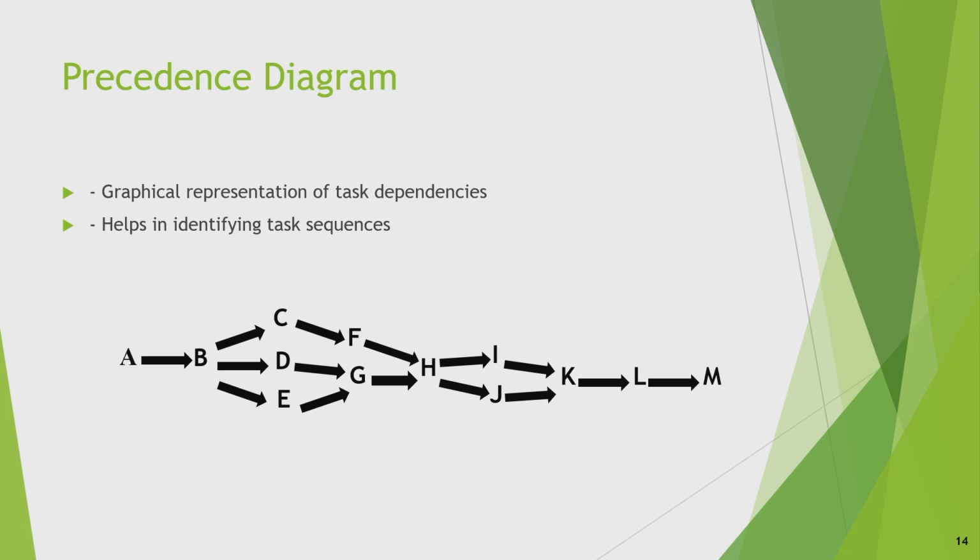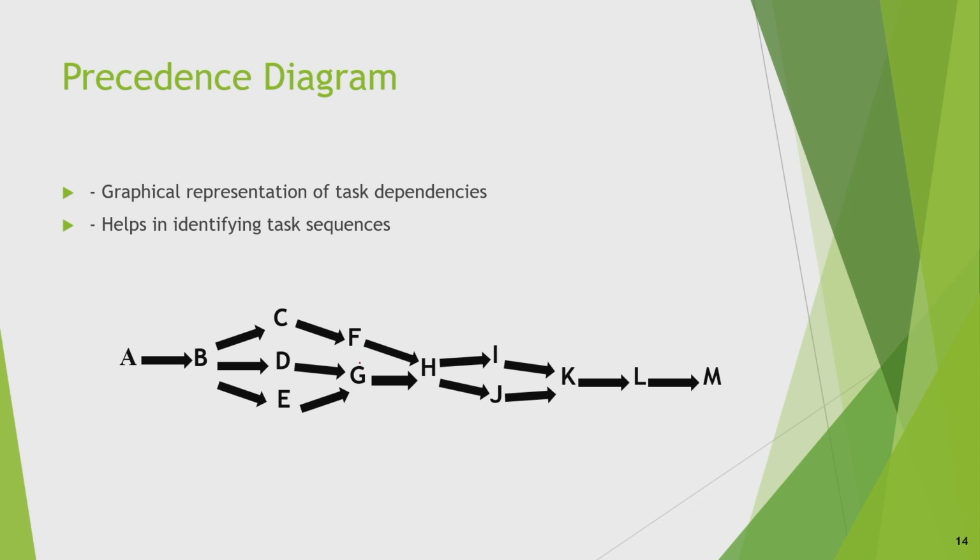Now, a graphical representation of task dependencies is shown here. It helps in identifying task sequence. Suppose A can be done, but after A you have to do B, and you cannot do C unless B is complete, but C, D, E can be done in parallel.